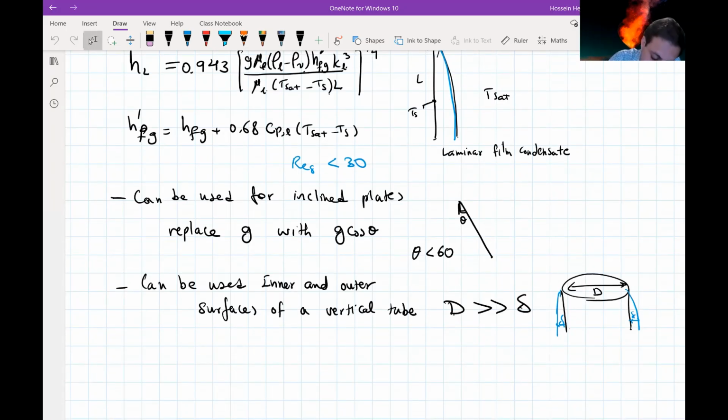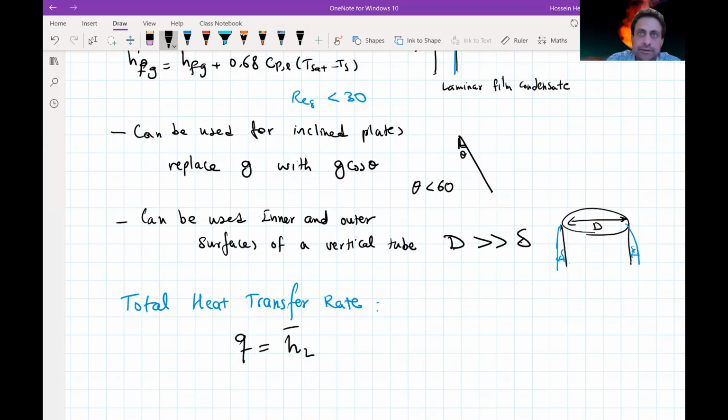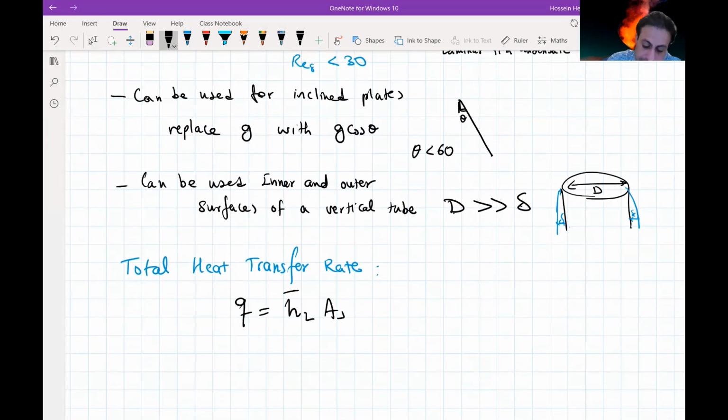Now we can find the total heat transfer rate. The total heat transfer rate Q is going to be this h average, times the surface area available for the condensation, times T_sat minus T_s.